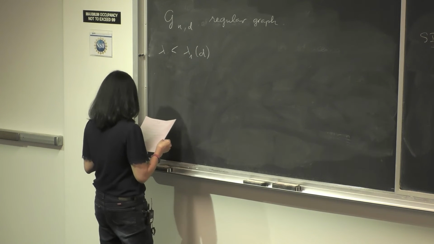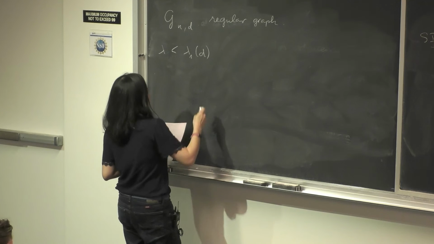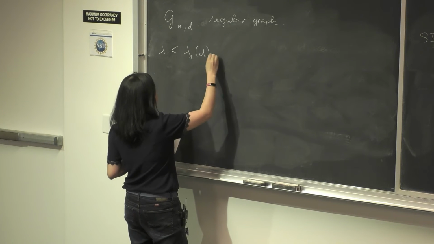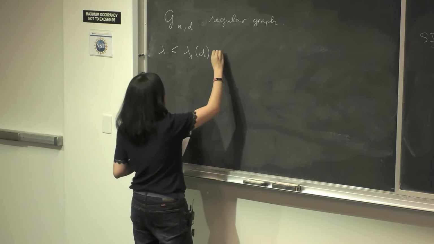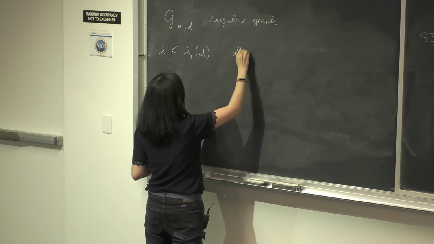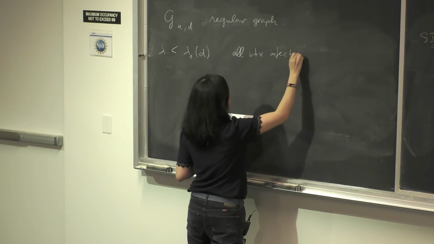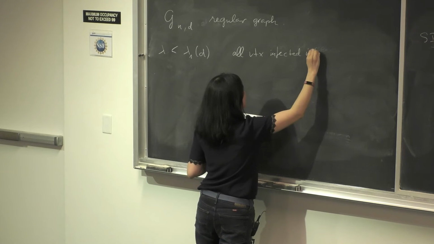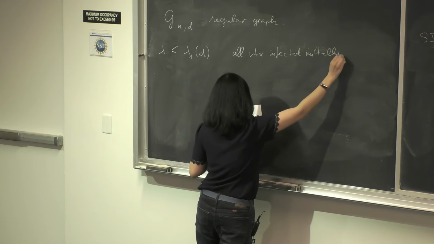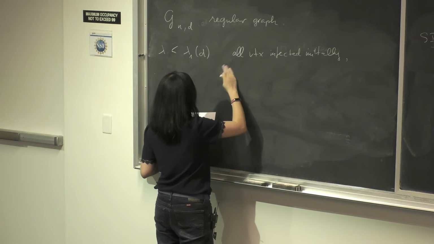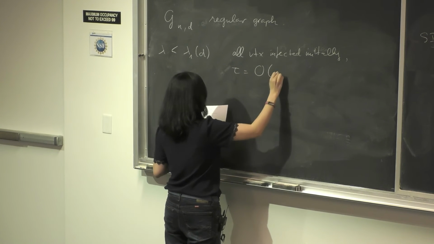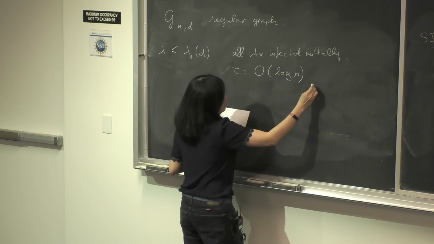This is the same lambda 1 as over there. And even if you have all vertices infected initially, the infection dies out in time log n with high probability.